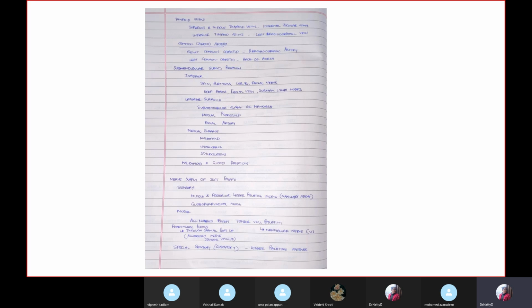Now, the most confusing and toughest part: the tensor veli palatini is not at all involved. The involvement is all the other muscles of the soft palate, and they'll give the option vagus nerve. We would have already remembered the accessory nerve, which is the 11th cranial nerve, but the 11th cranial nerve will not be in the options. So now how will you select?